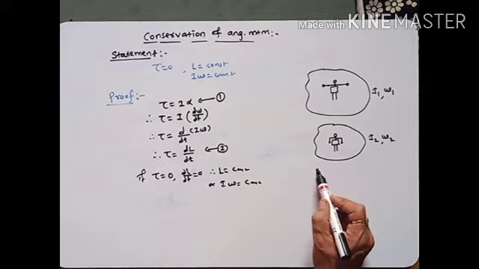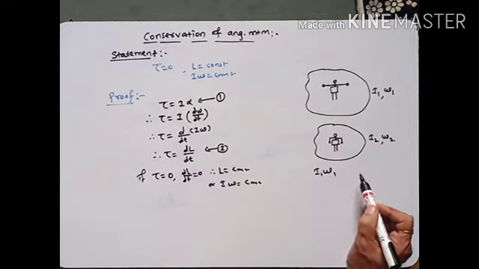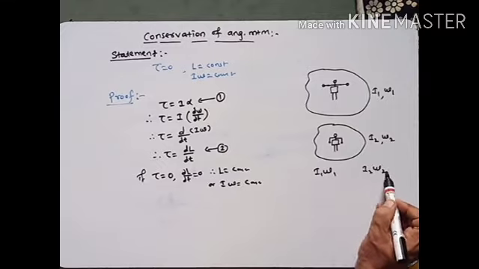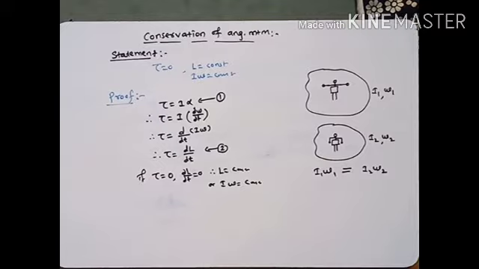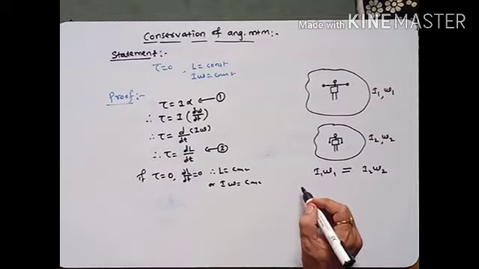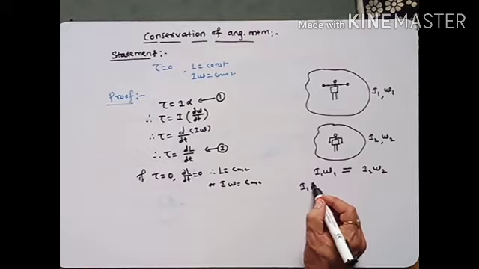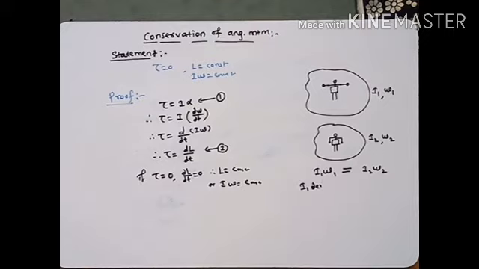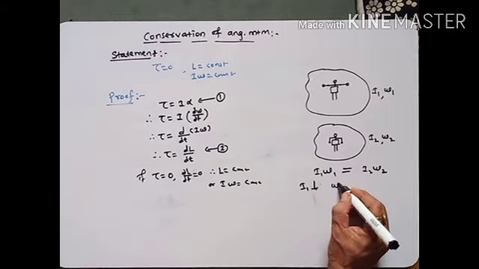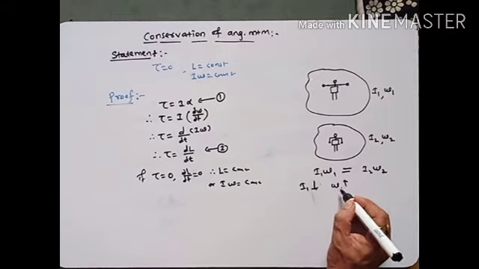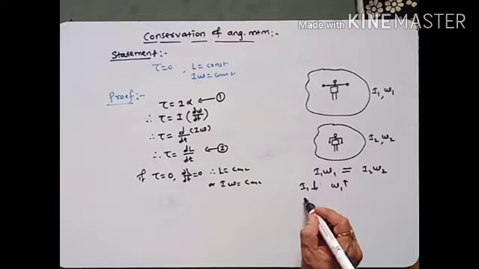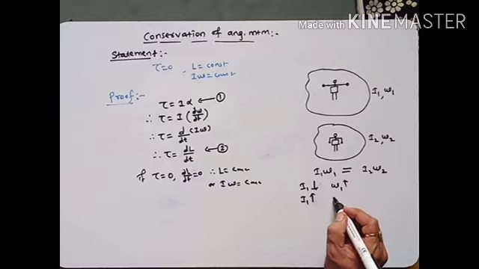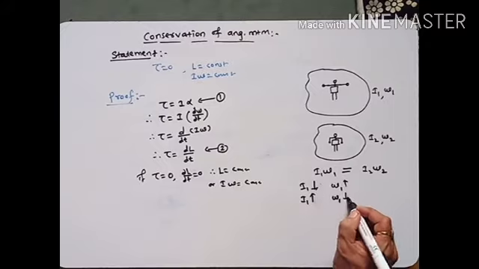Then here you see I1 omega 1, this is the product, and I2 omega 2, this is the product. And this product comes out to be constant. That means if I1 decreases, then omega 1 increases. If I1 increases, omega 1 decreases.